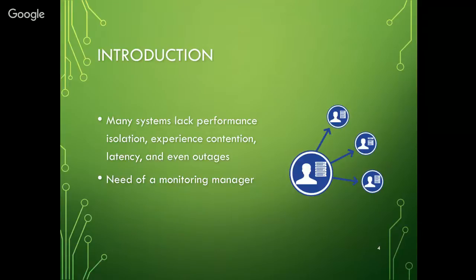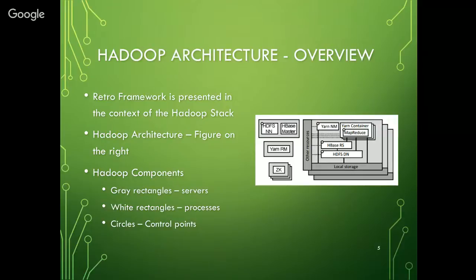So let's look at the Hadoop architecture and its overview, since the Retro framework is presented in the context of the Hadoop stack. We'll go over its components in order to better understand Retro's proposed solution and its architecture design in more detail, which we can see in the figure on the right.